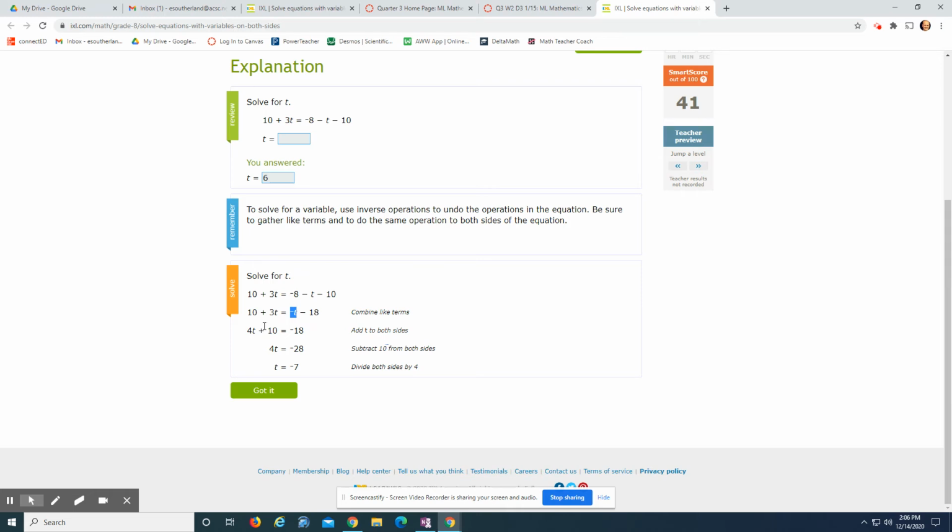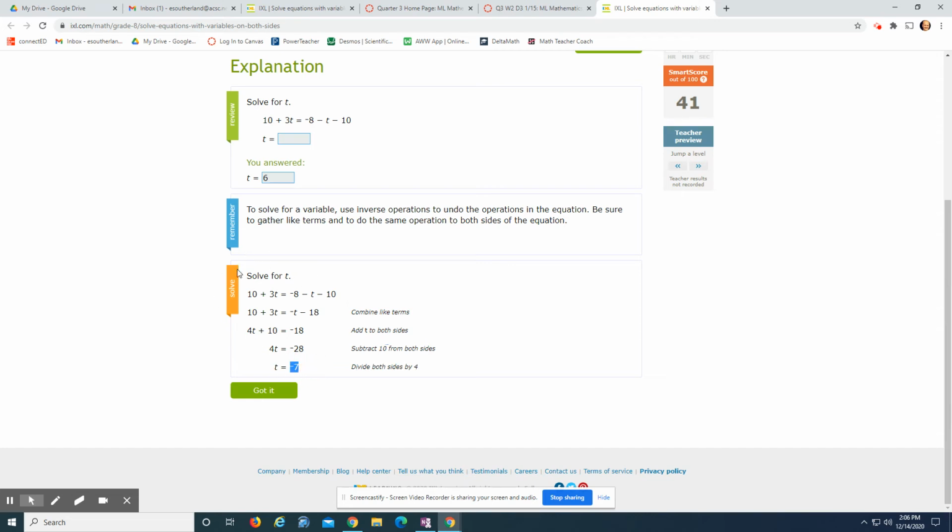Right? And so t plus 3 is 4t. And so now you want to get rid of this plus 10, so you're going to subtract 10 from both sides. That leaves you with 4t is equal to negative 28, and then you're going to divide both sides by 4. T is equal to negative 7.